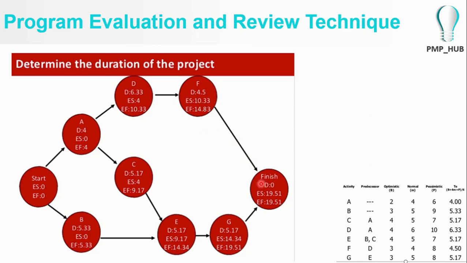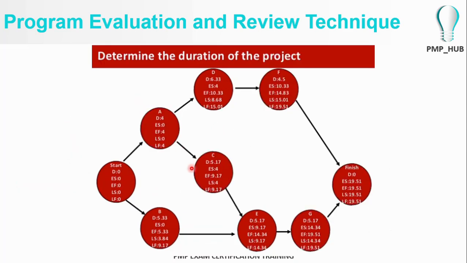And likewise, you can put the duration and you can start calculating the earliest start time and the earliest finish time. And then you can start calculating the latest start time and the latest finish time. And you should arrive at these figures if the calculation is correct.